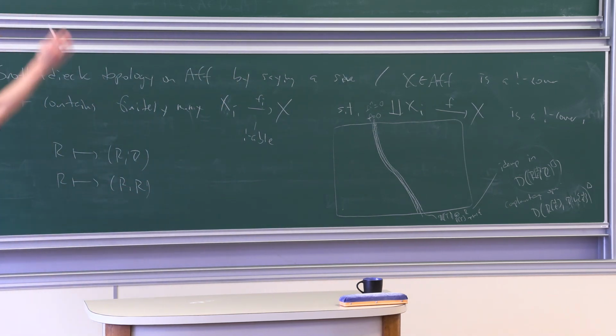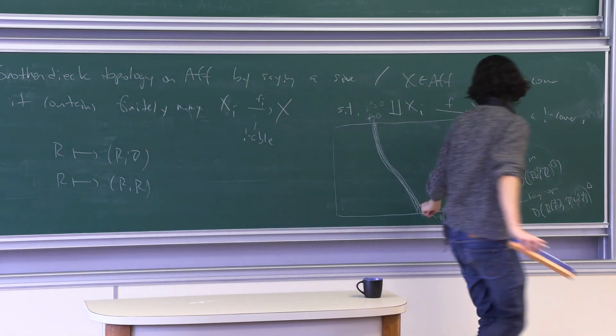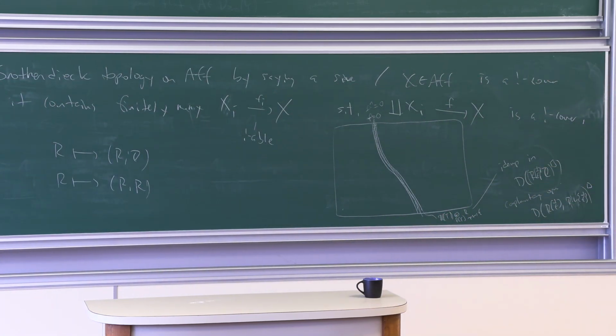I mean, there's going to be boundaries at infinity too if your thing isn't proper, and what's happening at infinity is also important. But let's pretend we're in a proper thing or something. Okay. Other questions? Okay.